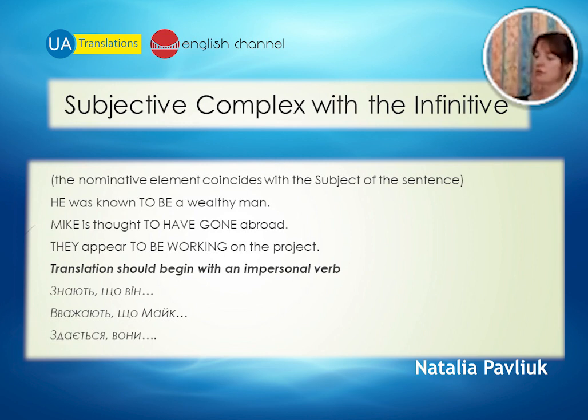But most of the verbs which are transitive are found in the passive voice, and they are usually translated in a bit reversed order with the help of an impersonal verb. Знаю, що він, вважаю, що Майк, здається, вони. Just a little hint for you to translate later during the class.